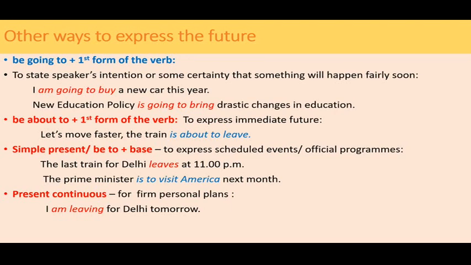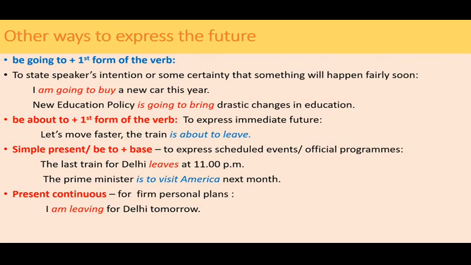There are a few other ways to express the future time. We use be going to plus the first form of the verb to express the future time. And it is used to state the speaker's intention or some certainty that something will happen fairly soon.